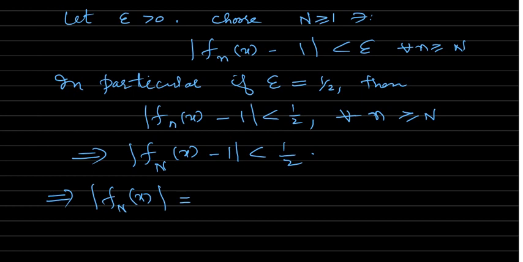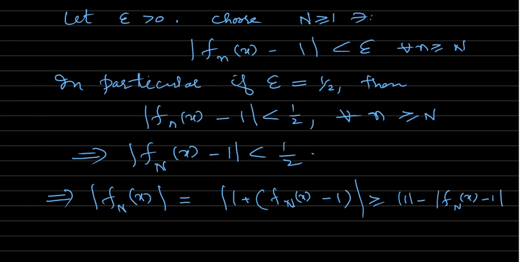This is equal to mod of 1 plus fn x minus 1. Okay, it's still capital N, fn x, but you can apply triangle inequality. It's greater or equal to mod of 1 minus mod of fn x minus 1.